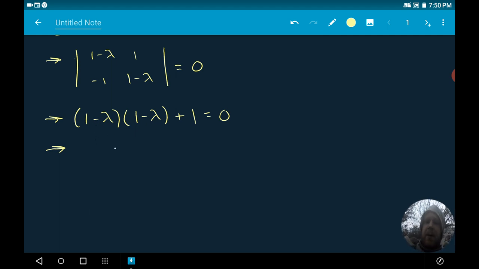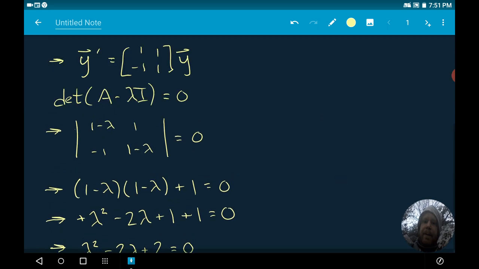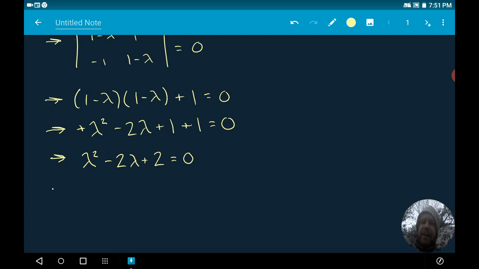So I get negative lambda squared minus 2 lambda plus 1. Nope, that's a positive lambda squared. Sorry about that. And then plus another 1 is equal to 0. Let's see, minus negative 1 checks out. Okay, just double checking.